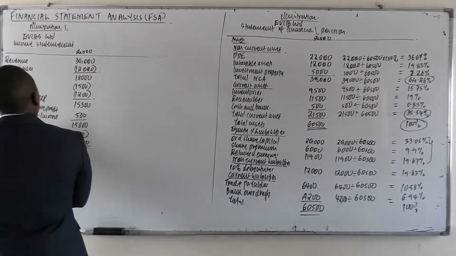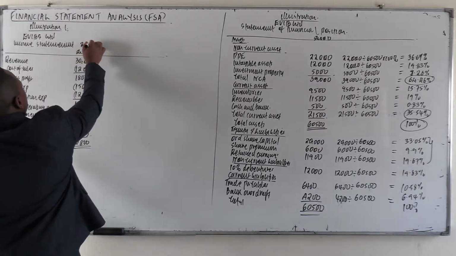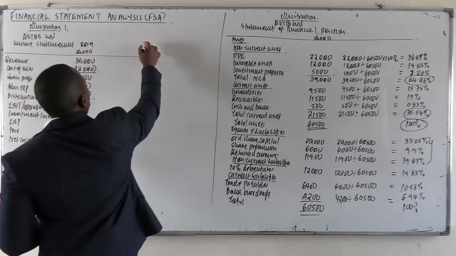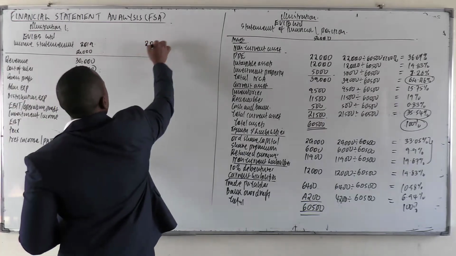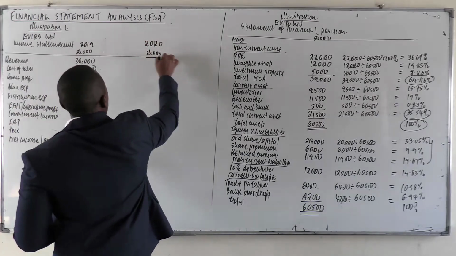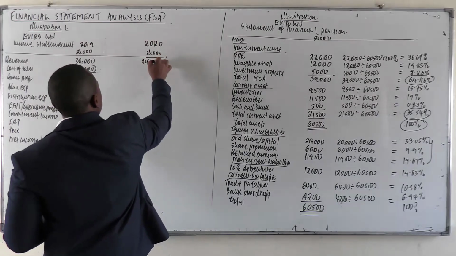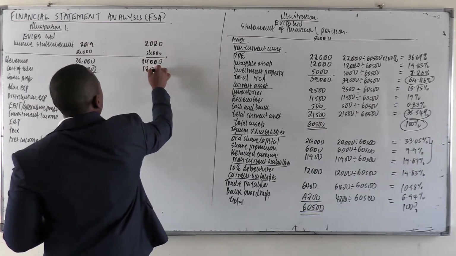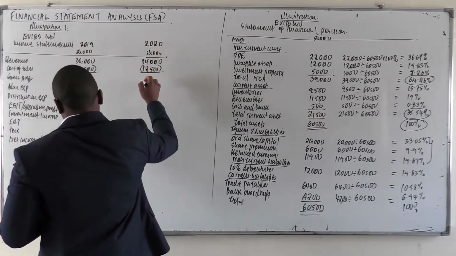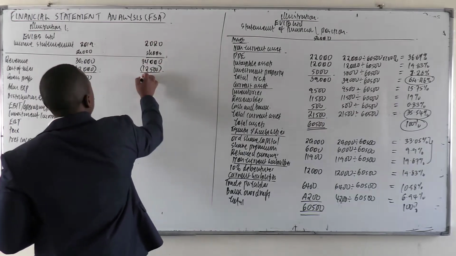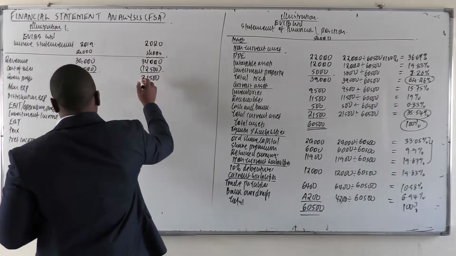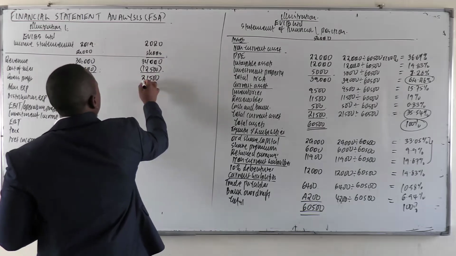So here we have 2019, and then you are given for 2020. Here we have 12,500. Therefore, this is 21,500. 1,200.